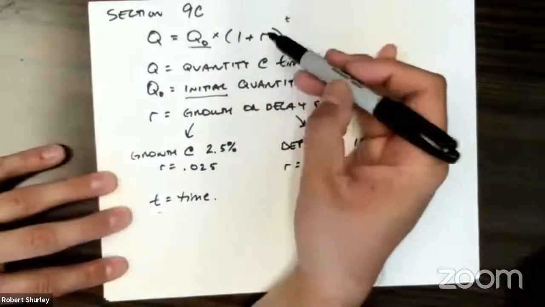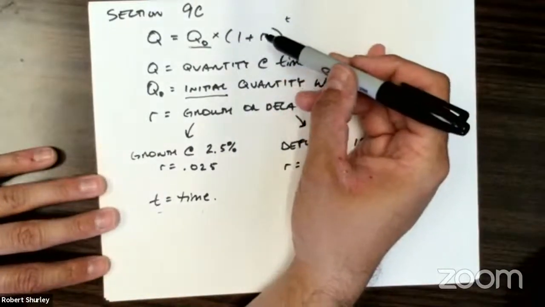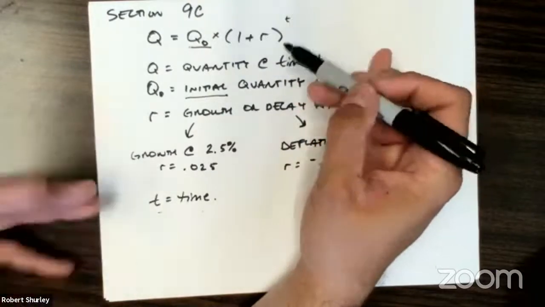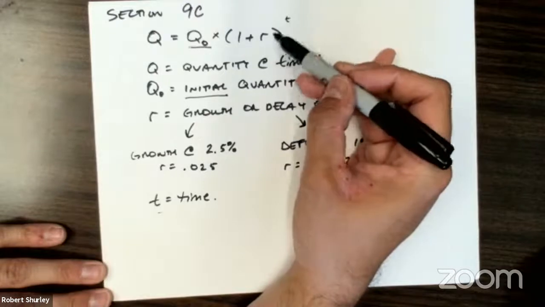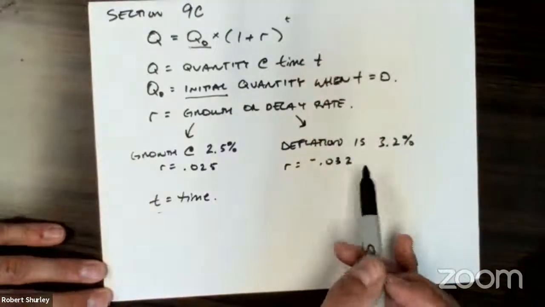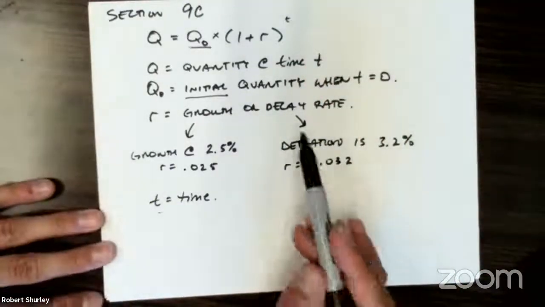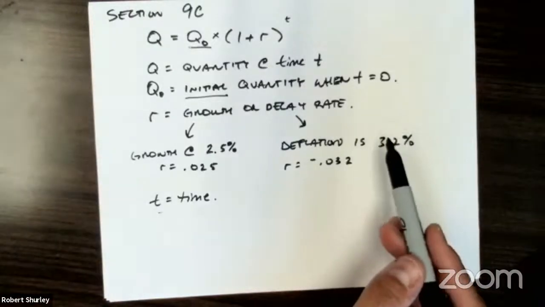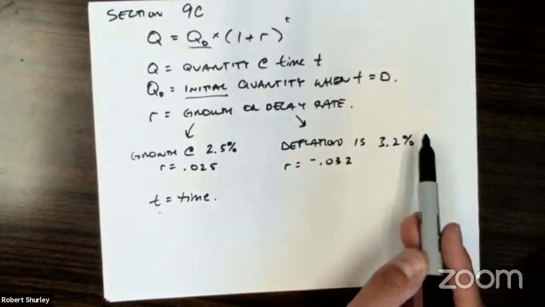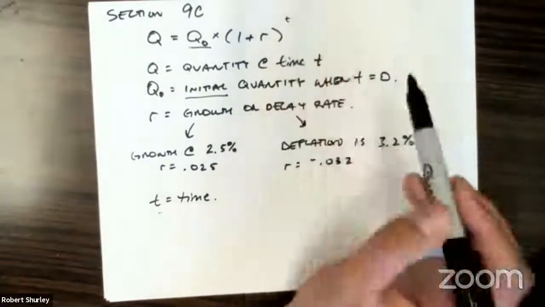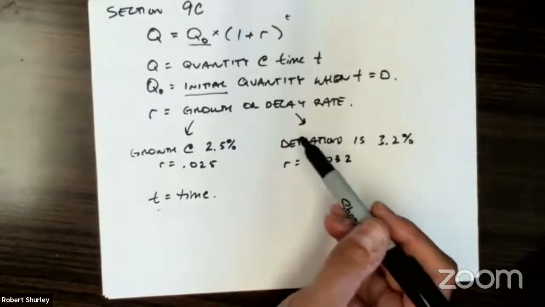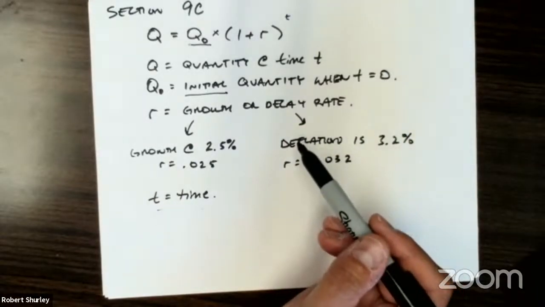You can't have a growth rate of 2.5% per year and then T be in months. You have to make these the same time unit. Same with decay. If it deflates in value at 3.2% a year, you can't have the time in decades. These have to line up when it comes to the time units.